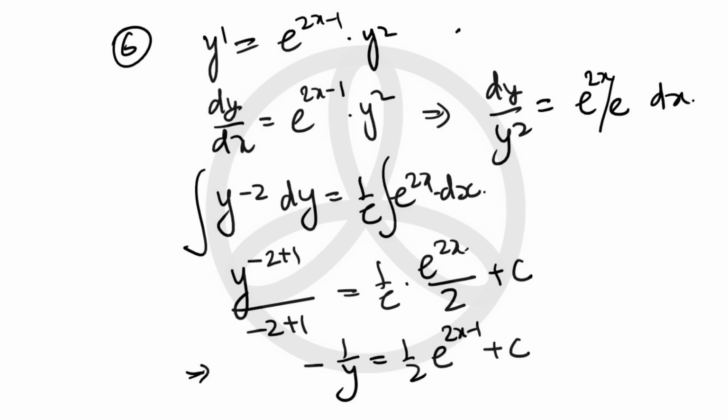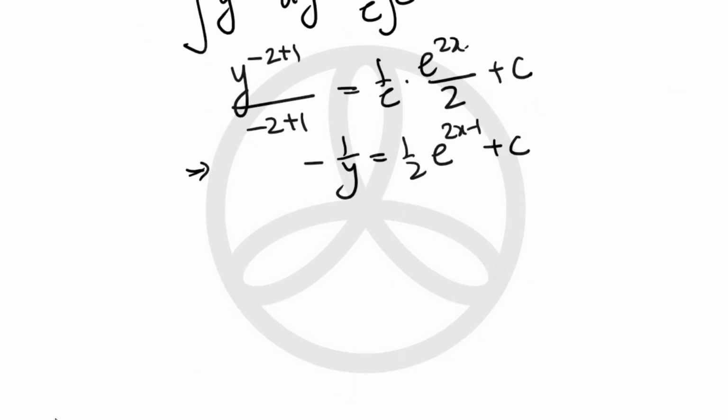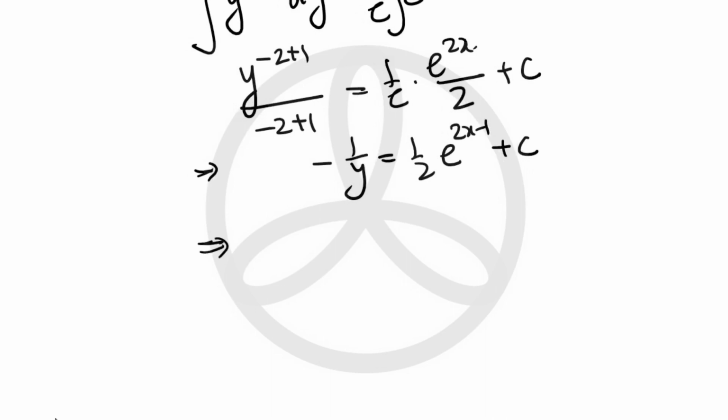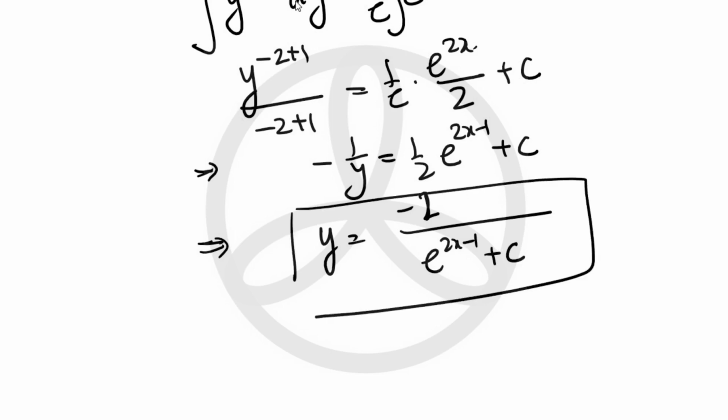And so this will actually give us something like y is equal to 1 by minus half e to the power (2x minus 1) plus a constant of integration c. Something like this, okay? This will be actually our answer for the sixth.